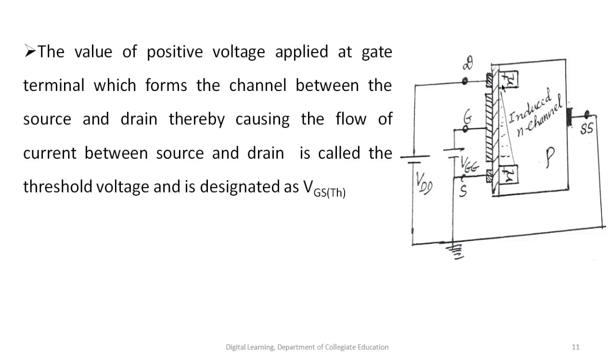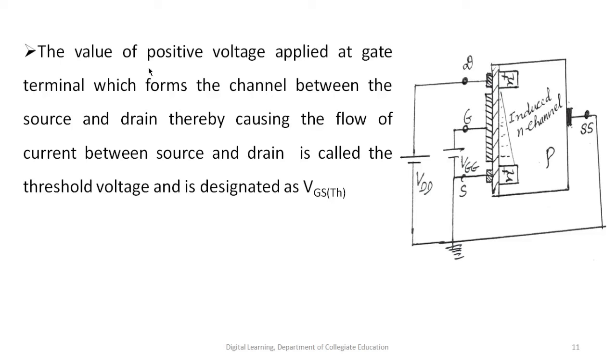The value of positive voltage applied at the gate terminal, which forms the channel between the source and drain, thereby causing the flow of current between the source and drain, is called the threshold voltage and it is designated as VGS-TH.